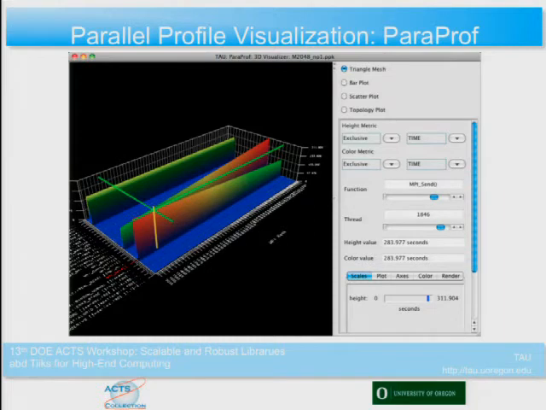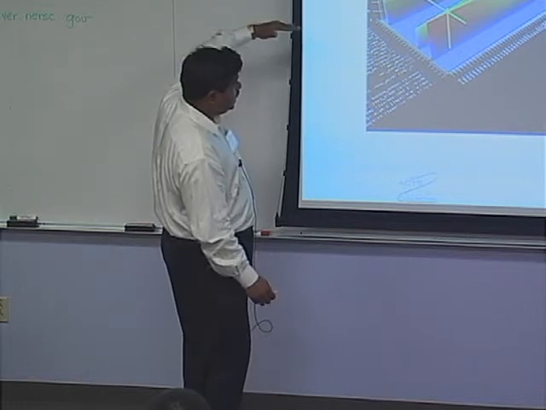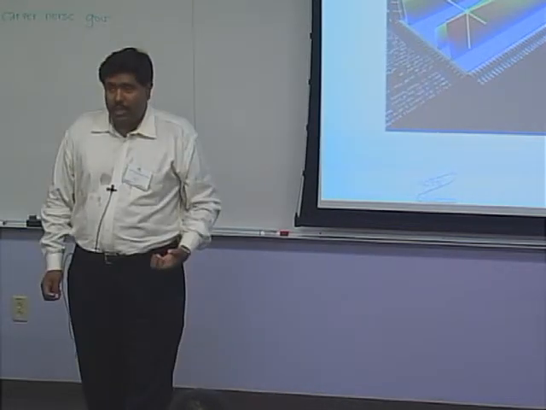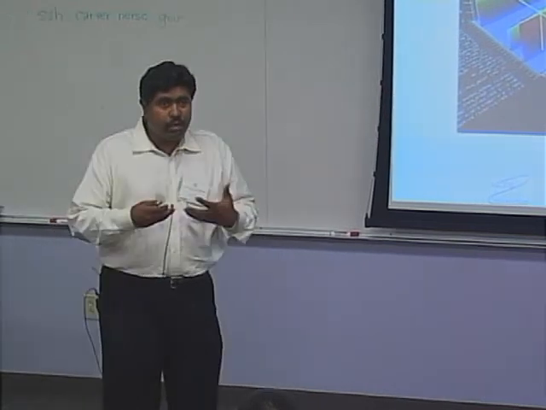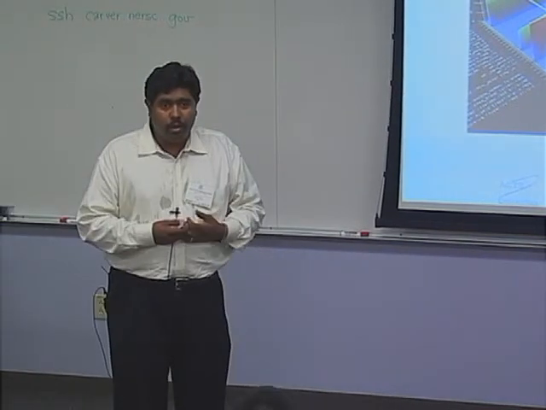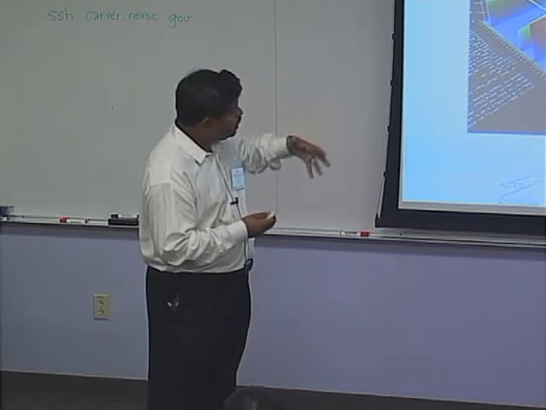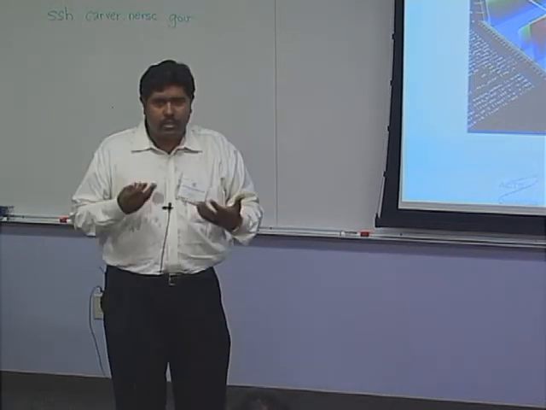And if I keep adding more processors over here, instead of 2,000, if I had 20,000, this might keep increasing like that, right? I might be wasting a lot of time in that. So you can see trends in the whole application, and then zoom in and say, why are MPI barrier and MPI send behaving in this manner?